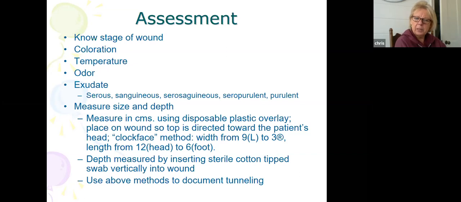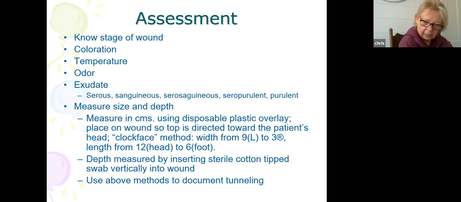And again, the depth of it is measured by inserting a sterile cotton tip swab, like the long Q-tip, vertically into the wound. So you're going to measure the depth of the wound, but then you're going to have to take that swab and move it horizontally on all sides of the wound to see if there's any tunneling.